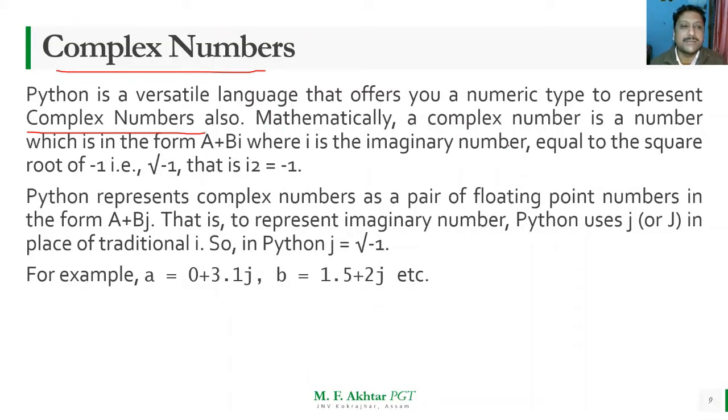Mathematically, a complex number is a number of the form a plus bi. That means a first number is there, then a plus symbol, then the next number, and then one more symbol, the I symbol, where I is the imaginary number equal to the square root of -1.